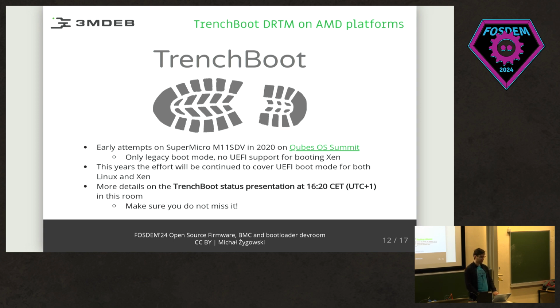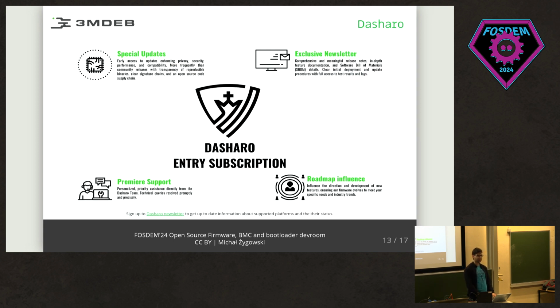And I mentioned Dasharo, but possibly not all of you know what this is. This is our downstream coreboot distribution, which aims to make the firmware more approachable for end users and regular people. We aim to provide validated pre-builds of the firmware that are known to work, and we try to help spread open source firmware usage that way.